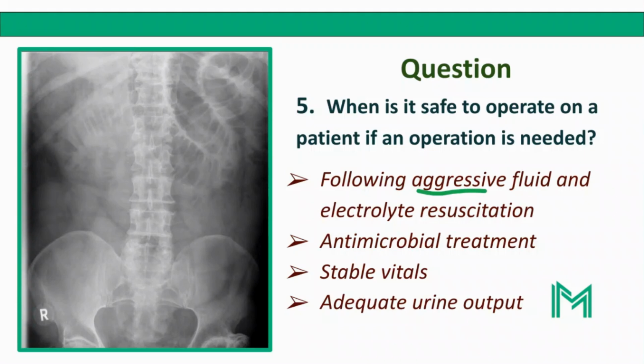You have to ensure that even after having done your aggressive fluid and electrolyte resuscitation and your antimicrobial treatment, the patient's vitals must be stable. Stable vitals are very important before you enter the theater. Okay, we want to make sure that the systolic blood pressure is above 100, the oxygen saturation is okay.